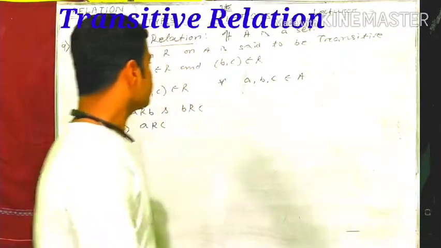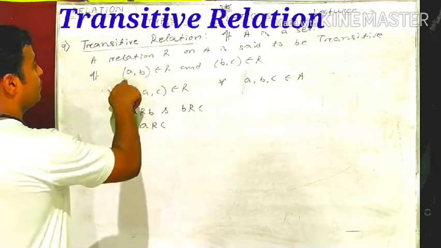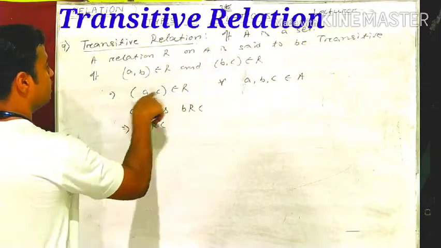So here (a,b) belongs to R, (b,c) belongs to R, (a,c) belongs to R.